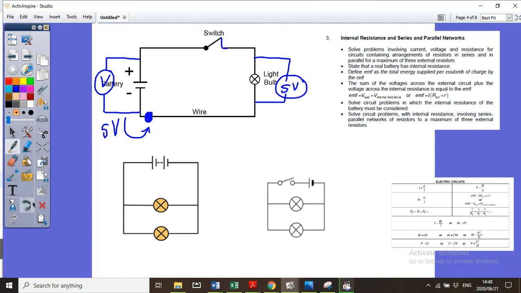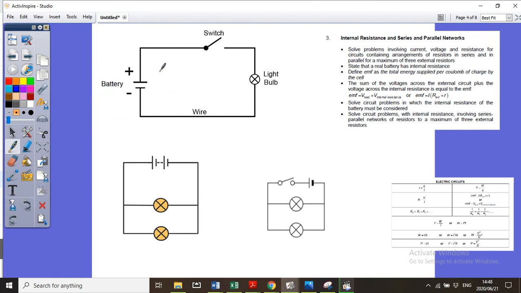But now we don't live in an ideal world, and they cannot make a perfect battery. Because of the way the battery was built, there could be some resistance inside, and we give the symbol small r to that resistance inside the battery. Now, as the light bulb uses energy because of its resistance, the battery will also use some energy because of its resistance.